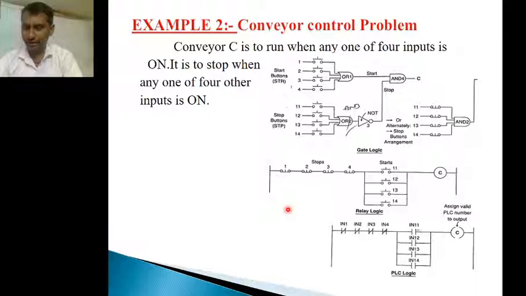So if 1 is on, then this will be open, then total output is off. Or 2 is on, output is off, 3 is on, output is off, 4 is on, output is off. So this can be represented in this manner, with an input-inverted AND gate, or NOR gate, and an OR gate. This is the representation for example 2.